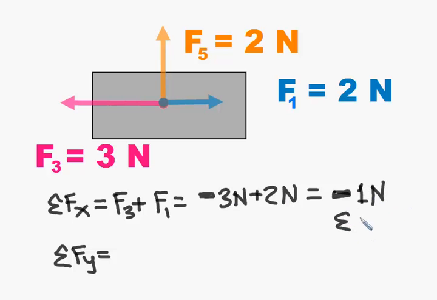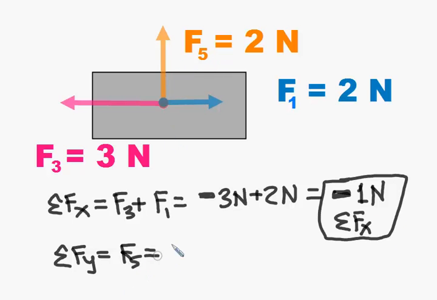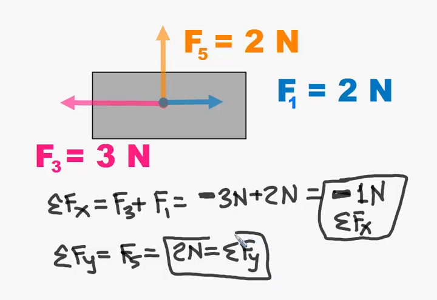That's the net force in the x direction. Now in the y direction, up and down vertically, it's just equal to force 5, which is up 2 newtons. And there you have it. The sum of the forces in the x direction is -1 newton, because the pink wins by 1 newton, and the sum of the forces in the y direction is positive 2 newtons up.